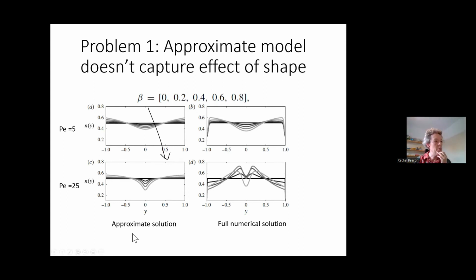The approximate asymptotic solution here on the left, when compared to the full numerical solution, with increasing values of beta from 0 to 0.8, shows particular discrepancies at large Péclet numbers between the full numerical solution and our approximate solution. Particularly, we don't get these double peaks in our approximate solution. So we're not capturing the behavior fully.